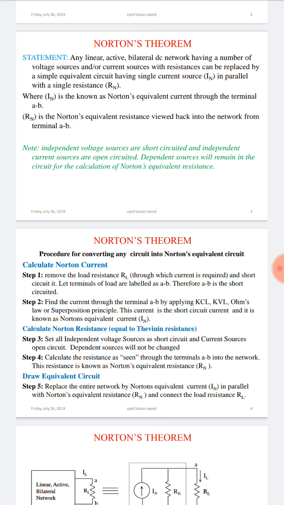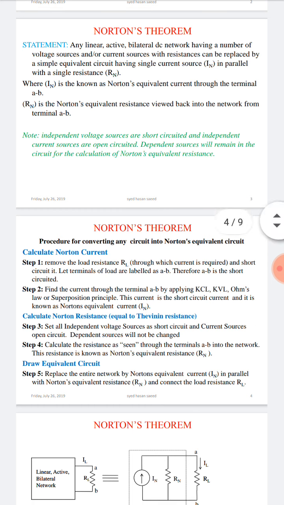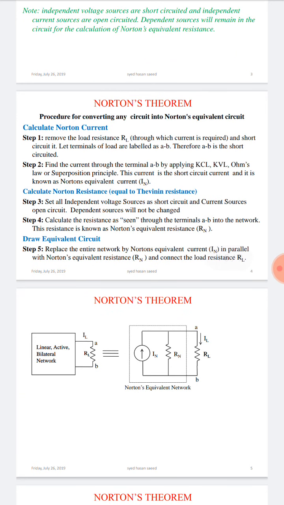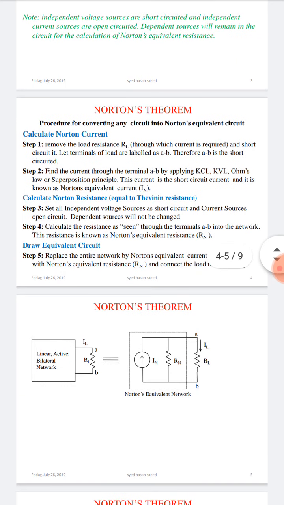This network is called the Norton equivalent network. Let's see this network. This is the network of the Norton equivalent circuit, which contains the Norton current, Norton resistance and load resistance.